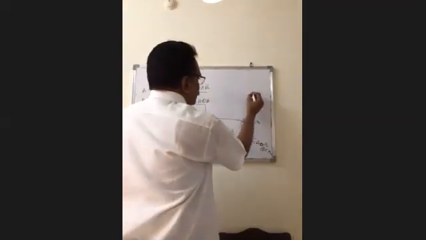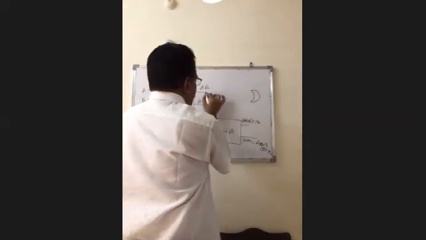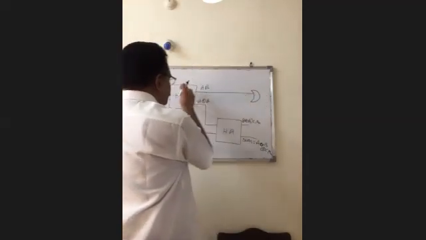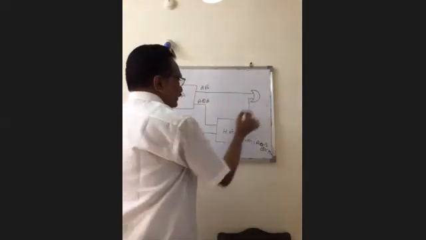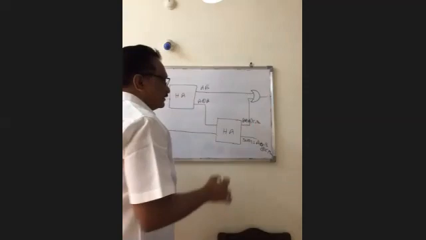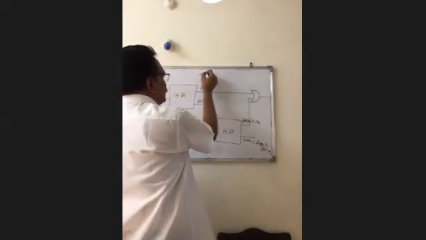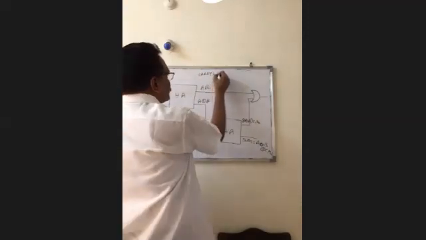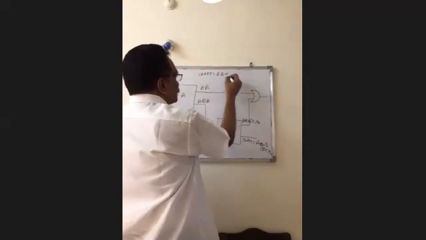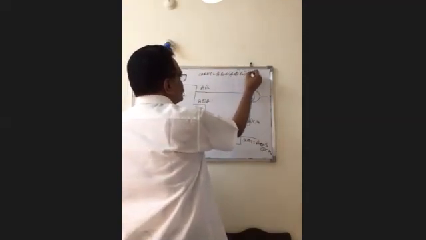Here it requires one OR gate. One input of this OR gate is the carry output of the first half adder and the second input is the carry output of the second half adder. The output of this OR gate is the final carry output, which is AB plus A exclusive OR B multiplied by Cin.